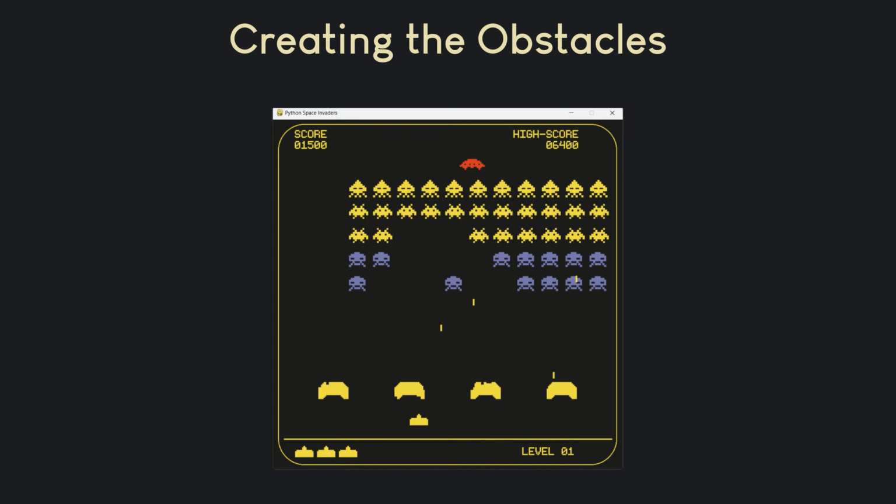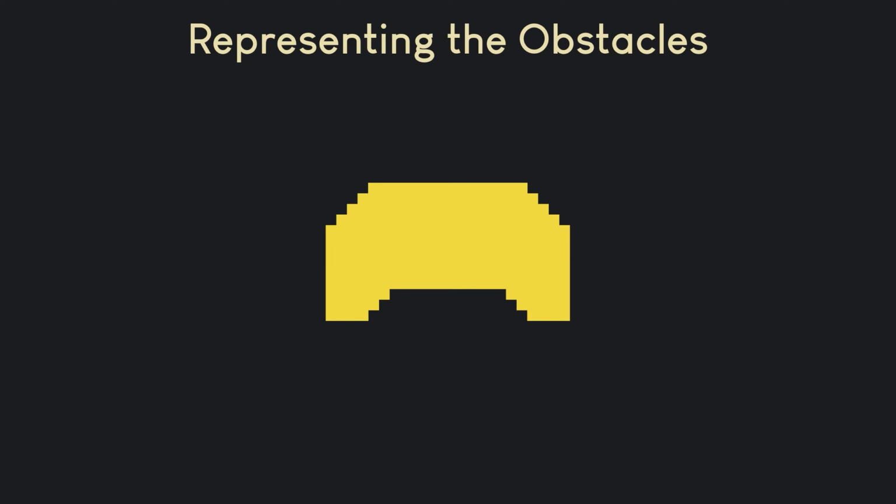We will employ a grid-based approach, a technique commonly used in various games. You might remember us using grids in the Snake game and in the Tetris game tutorials. We are going to employ a grid once again in the Space Invaders game. So, rather than representing each obstacle as a single object, we will treat them as a collection of yellow blocks, carefully arranged to create the shape of the obstacle.